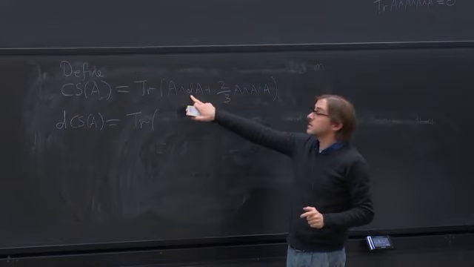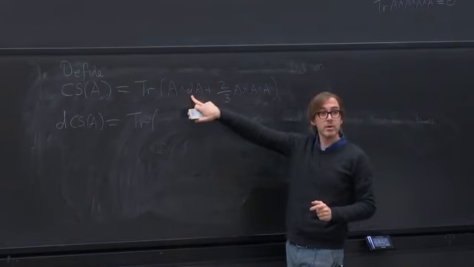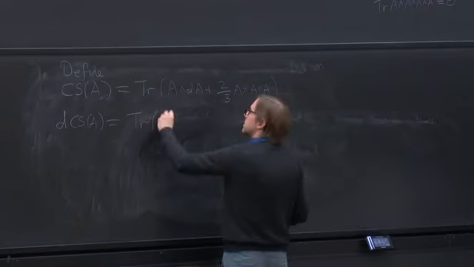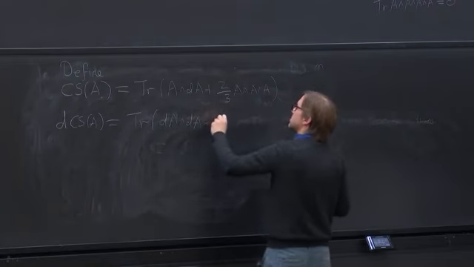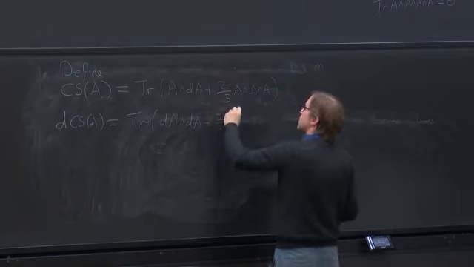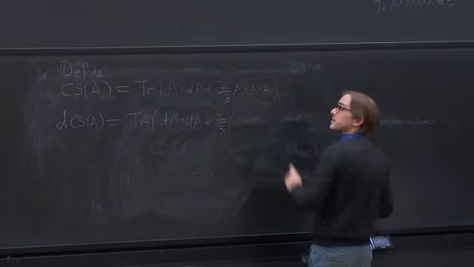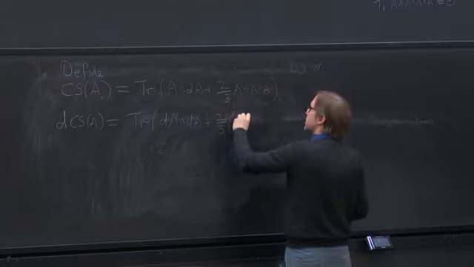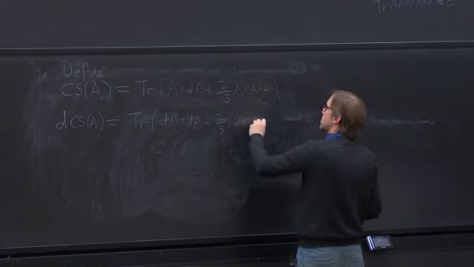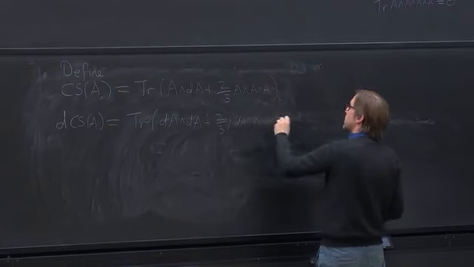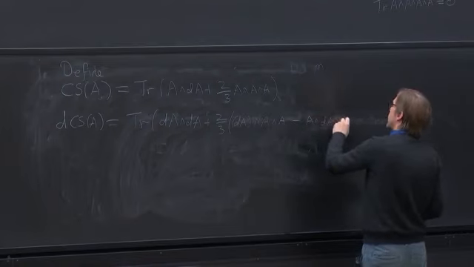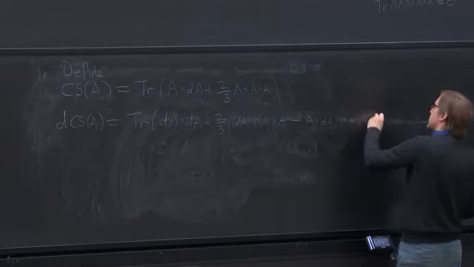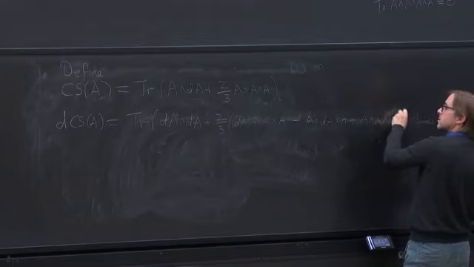I'm going to use the fact that d squared is 0, so I won't get a contribution there. So dA wedge dA plus 2/3, and here d is going to apply to each of the factors in turn: dA wedge A wedge A minus A wedge dA wedge A plus A wedge A wedge dA.